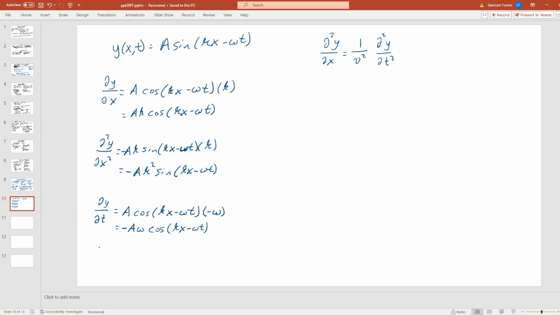And if I take the second derivative of this with respect to time, we get negative a omega. The derivative of cosine is negative sine, so the negative sign cancels out with this.